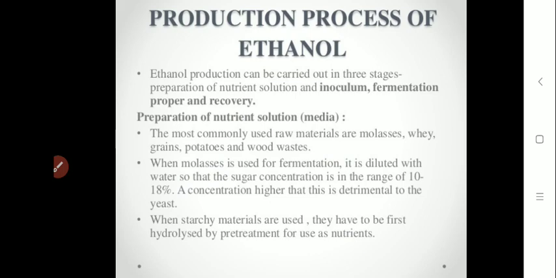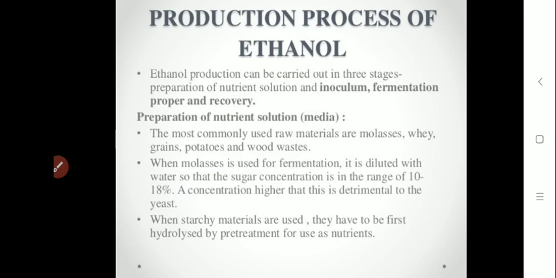This 10 to 18% sugar concentration is maintained because this is the highest concentration of sugar which each strain can tolerate. So the dilution of molasses is carried out.